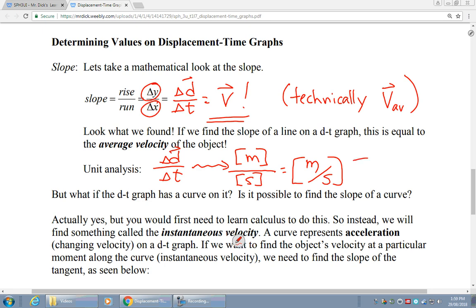And that's the same units as velocity. So not only does our intuition and our knowledge of slope tell us that this should connect to velocity, the units tell us the exact same story as well.